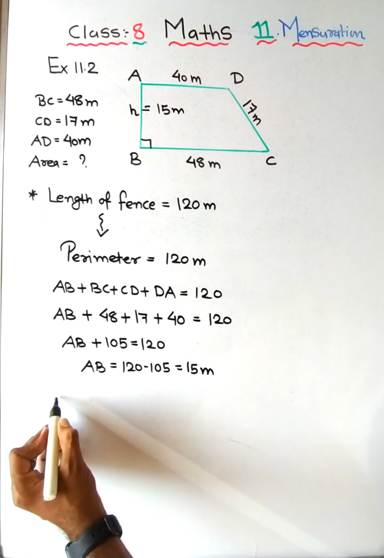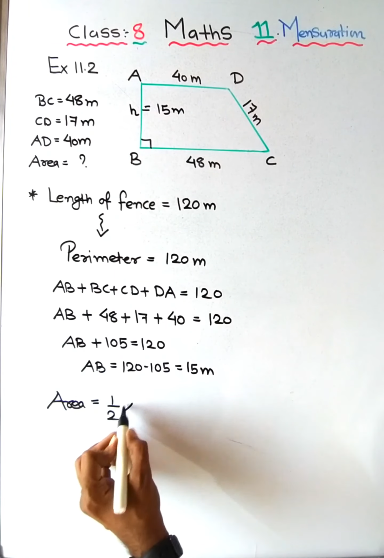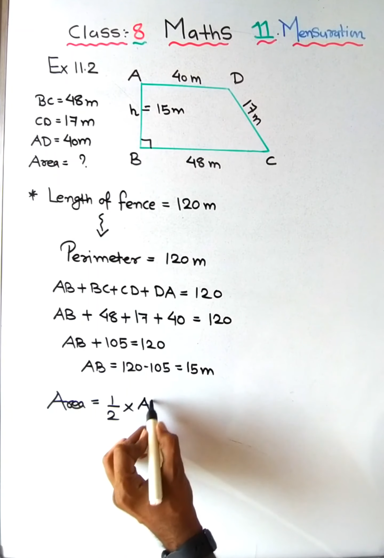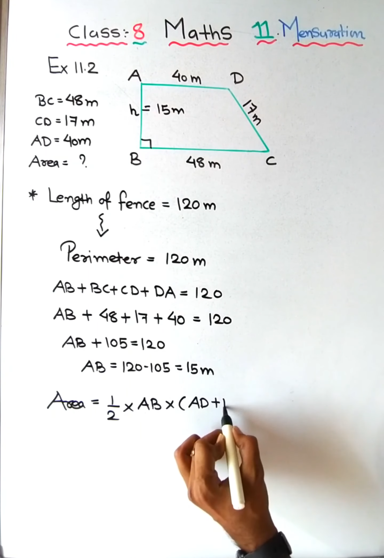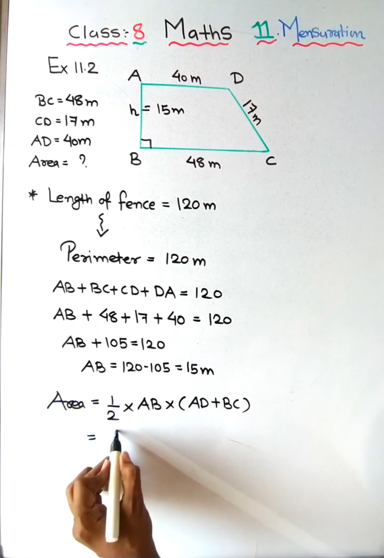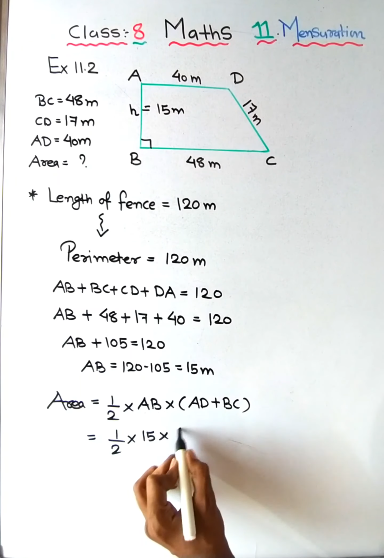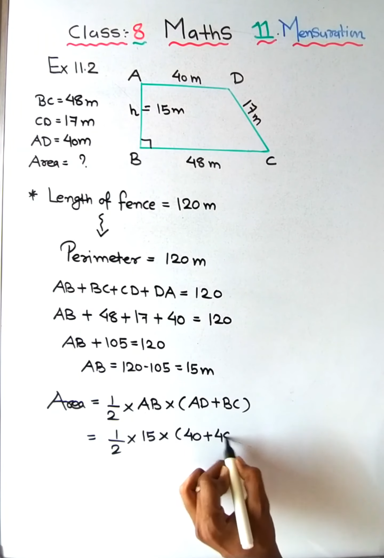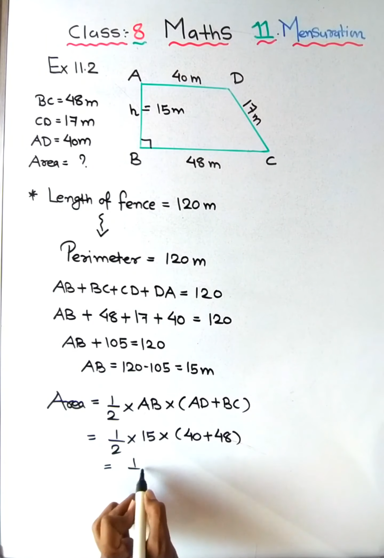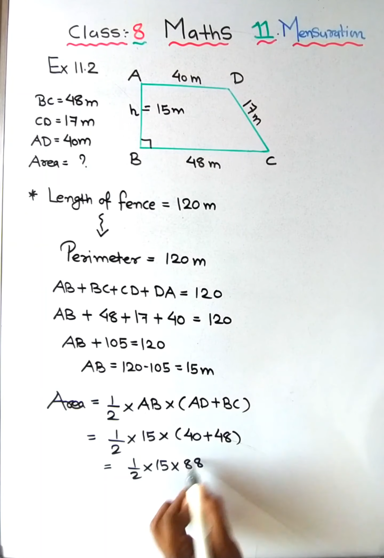Now we can use the formula of area. So area is 1 by 2 into height, which is AB, into the sum of parallel sides, which is AD plus BC. So now put all the values: 1 by 2 into AB, that is 15, into AD plus BC, that is 40 plus 48, which is 88.